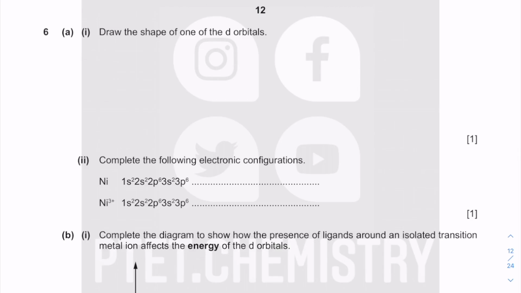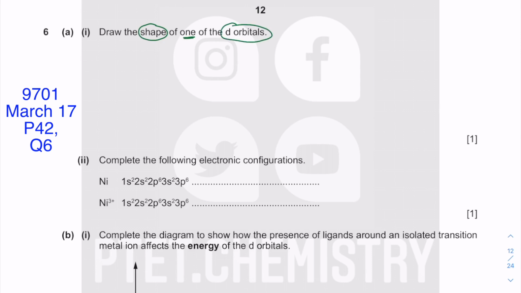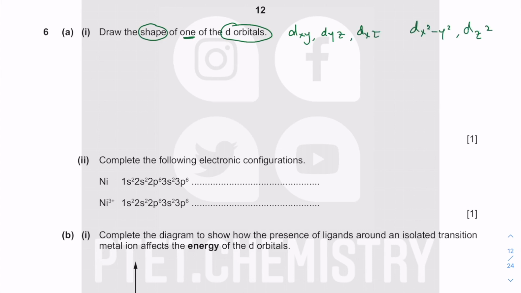Question 6, we need to draw the shape. We need to draw one of the 5 d orbitals. So you have dxy, dyz, dxz. You also have dx2-y2 and dz2 as well.